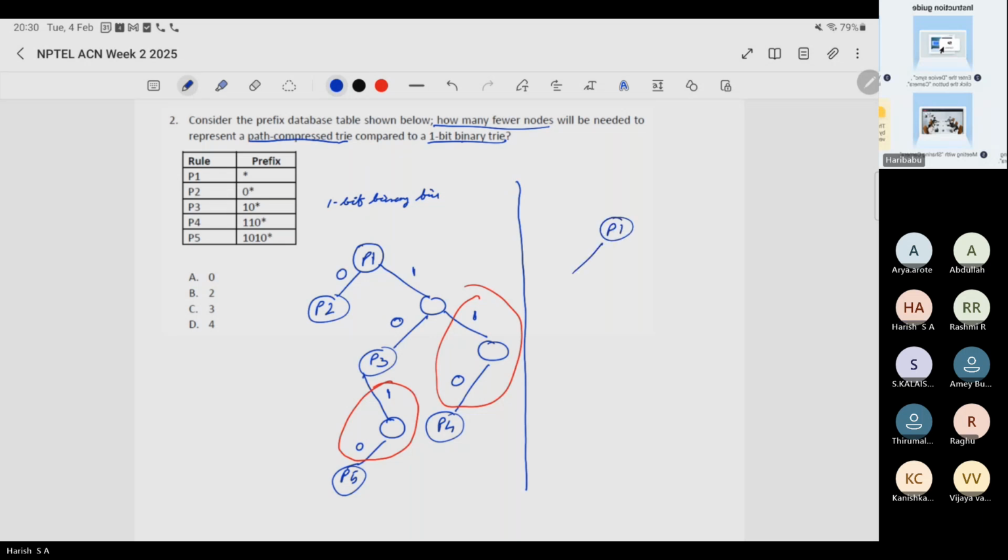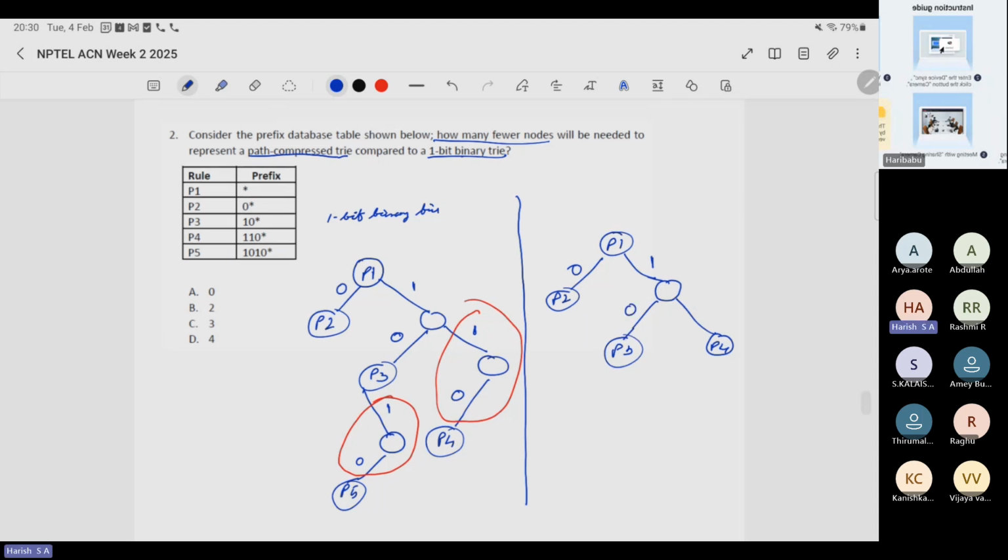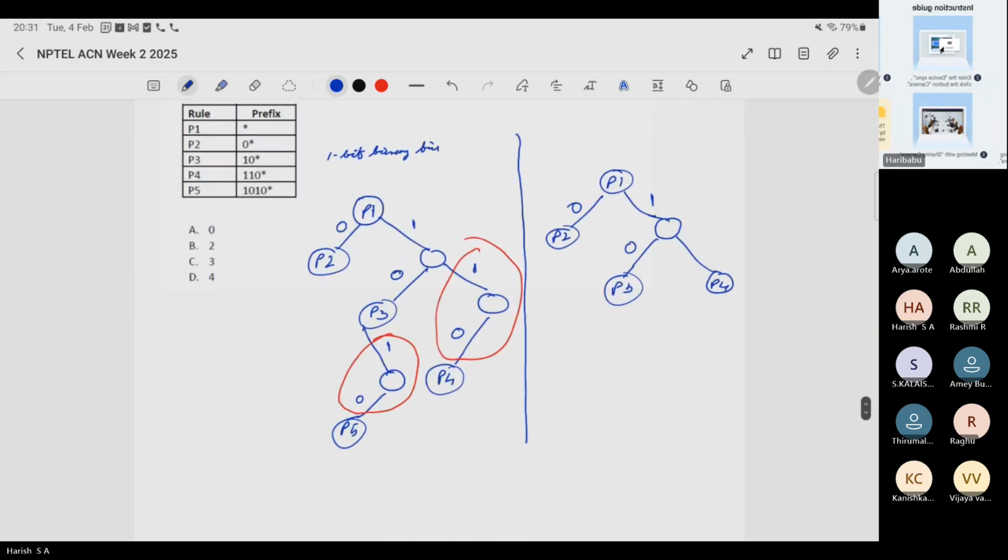P1, P2 becomes 1. This becomes this, and then this becomes P4, and P3, and then 5.